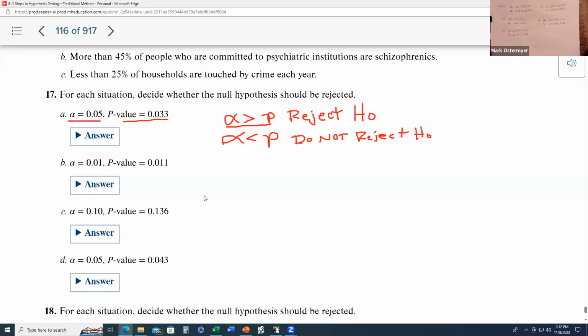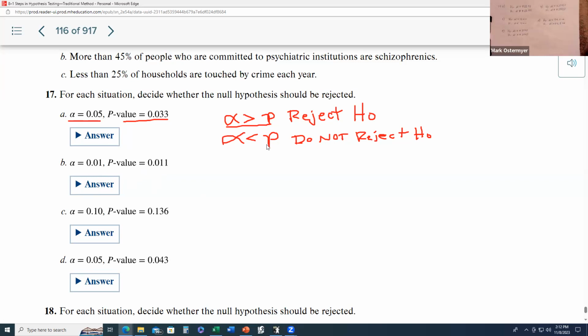All right, how about for B? What would we do with B? Accept? Yeah, we cannot reject the null hypothesis because alpha, which is only 1%, is a little smaller than our p-value. Not by much, but it is. Okay.